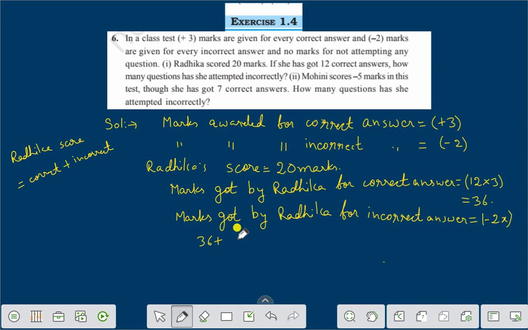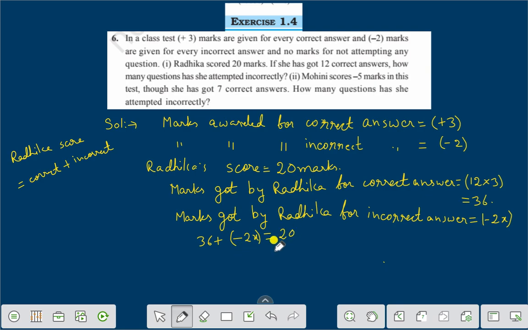Therefore, 36 plus minus 2x is equal to the total score. Total score is how much? 20.